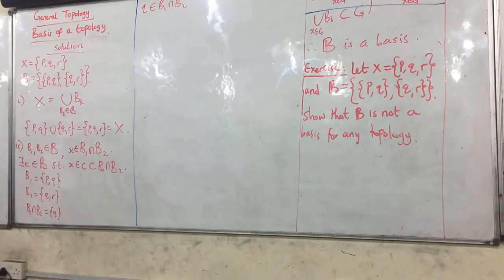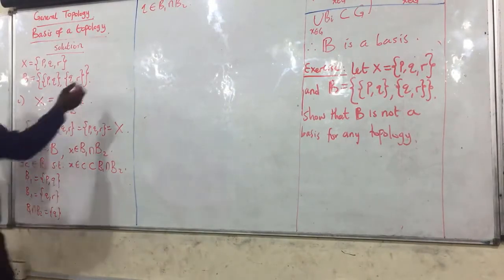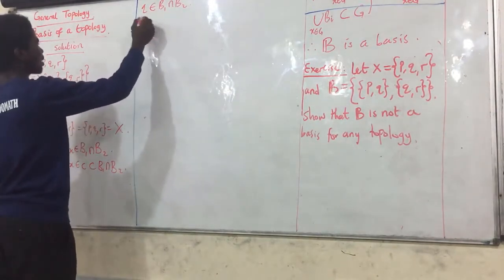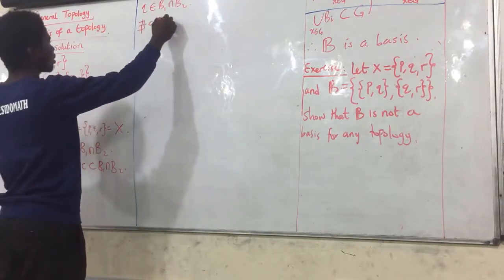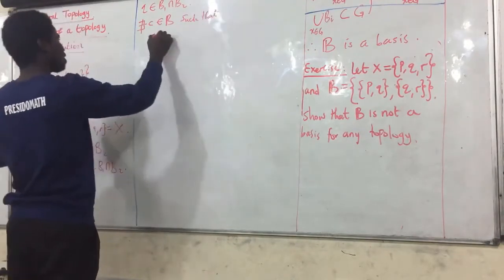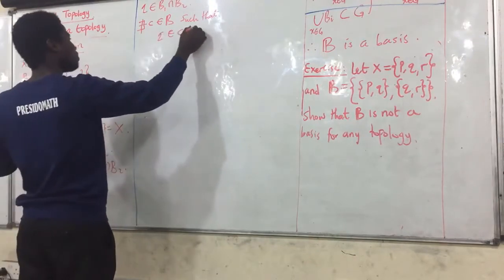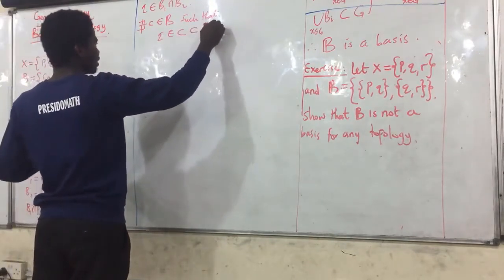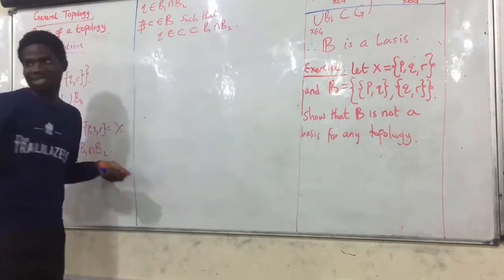We are looking for C in this basis. So what do we do? Of course, we can see there does not exist any C in the basis such that Q will belong to that C, and C will be a subset of B1 intersection B2. There does not exist any of them.